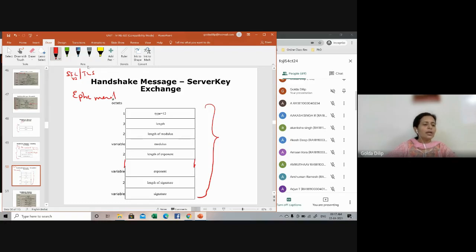So instead of sending your X.509 certificate, it's just a signature on the new key. So that is the handshaking message, the server key exchange, all about the creation of ephemeral keys.